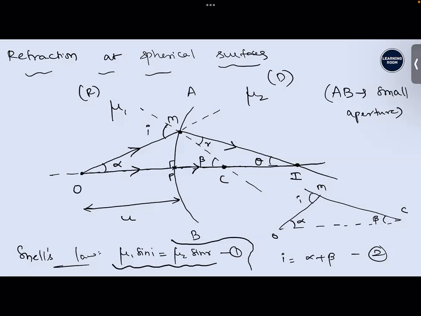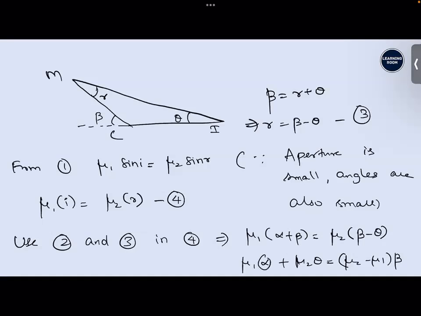So here you have this alpha, right? In this place of alpha, can I replace it like this? Mu1 into tan alpha plus mu2 into tan theta is equal to mu2 minus mu1 into tan beta. Can I do it?